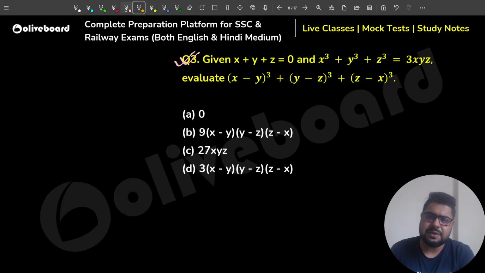Very simple. Again, you see, very unnecessary information has been given to you. If x plus y plus z equal to 0, then automatically x cube plus y cube plus z cube equal to 3xyz. We all know that. So how can we solve this?